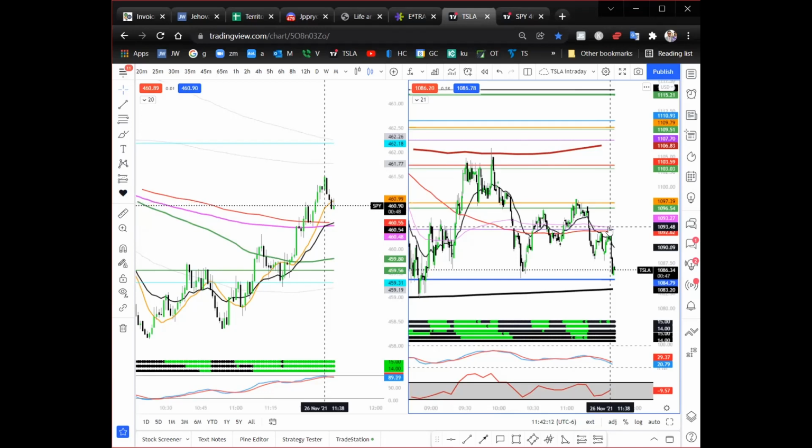Some people think lagging indicators, moving averages and stuff like that, are the best thing ever, and at the same time, you're lagging. But I love my lagging indicators. That's why this, my second indicator course, will be half lagging indicators, because they serve a purpose. They're extremely valuable.